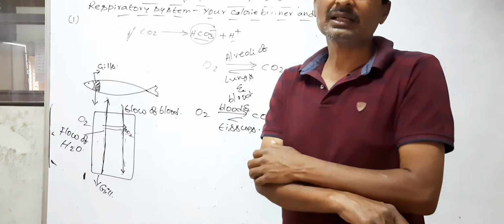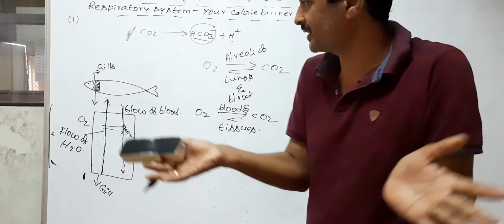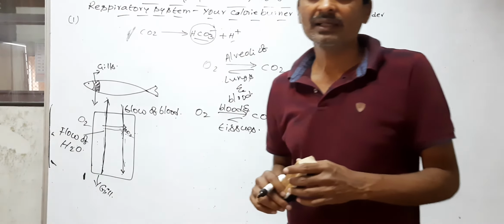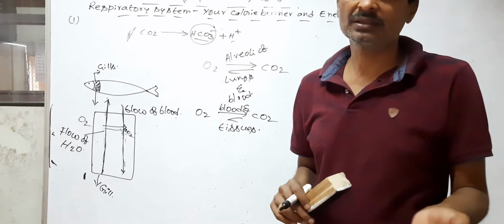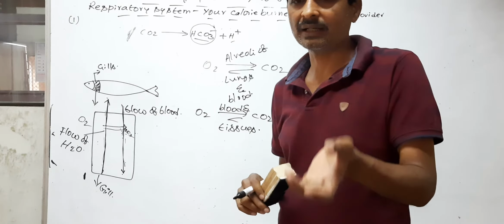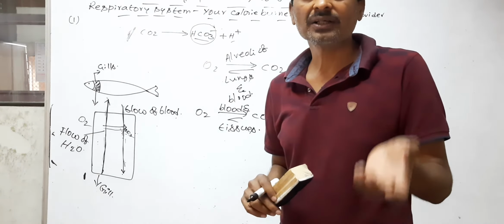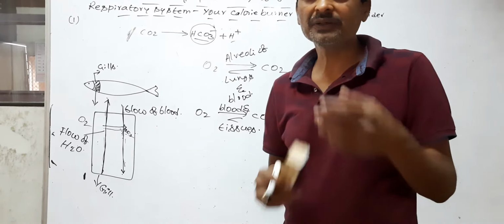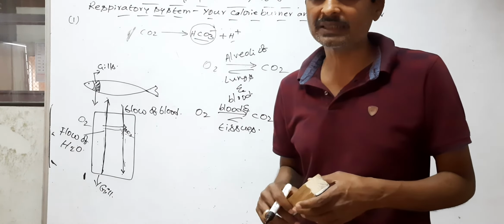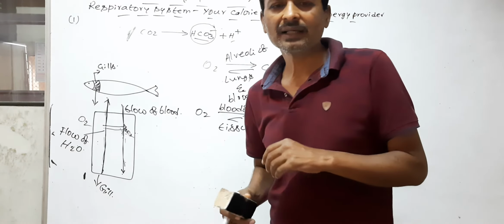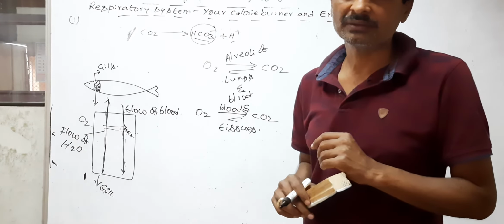So the lungs of the birds are associated with 9 air sacs. These are useful for continuous exchange of gases even during expiration.